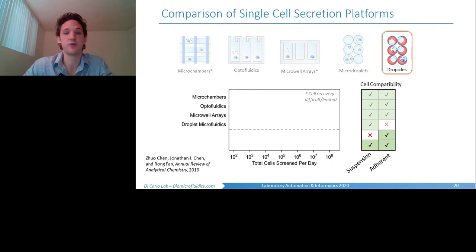Now, if we compare with our current system, we see that we can achieve throughputs comparable to state-of-the-art microfluidic platforms. Part of the reason we can do this is that we can analyze and sort using existing FACS machines, flow cytometers.